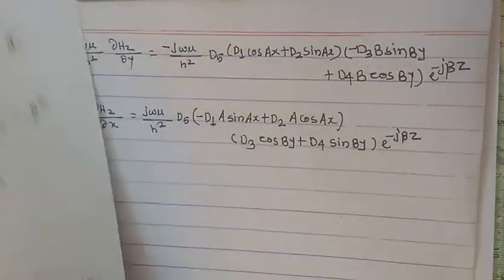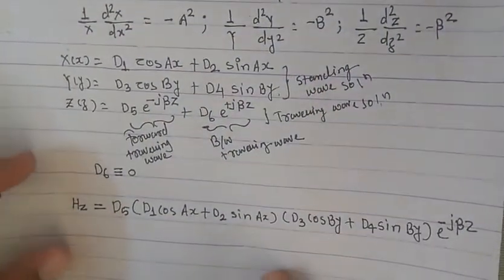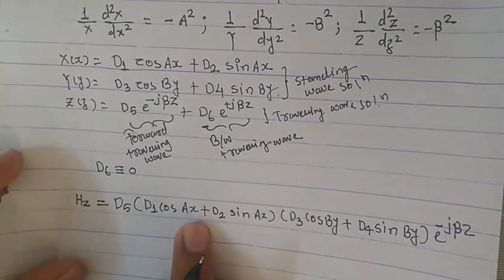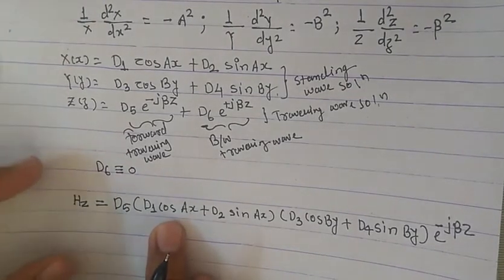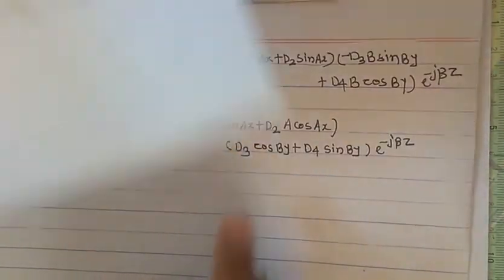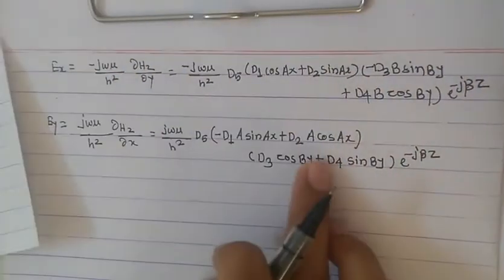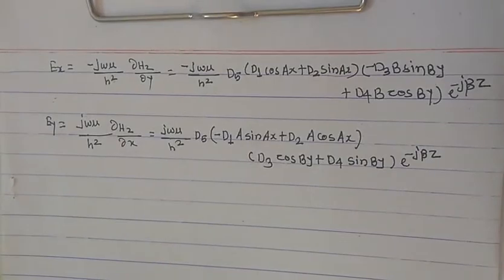So we have this Hz. So differentiating this with respect to x, cos will become minus sin and sin will become cos, and the constant will be multiplied.